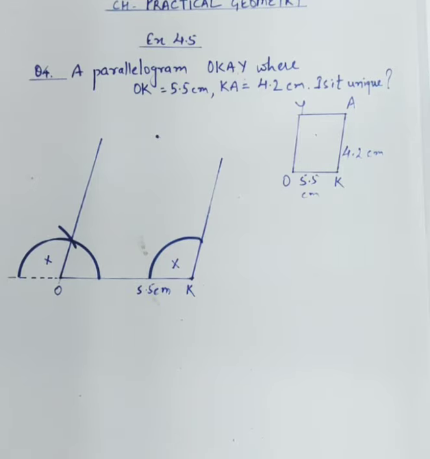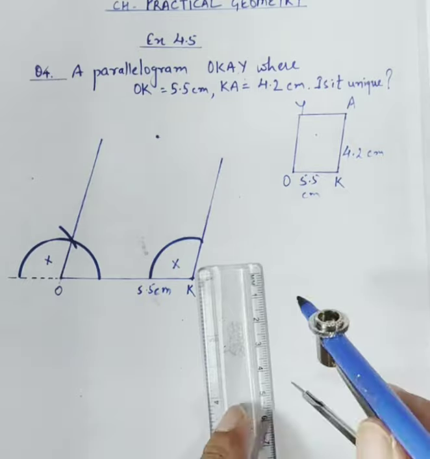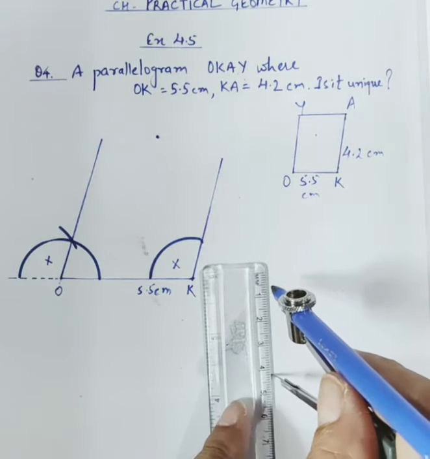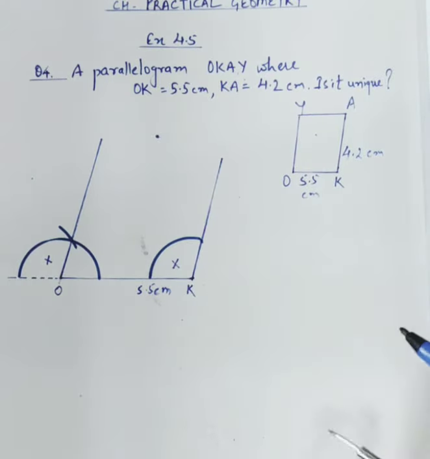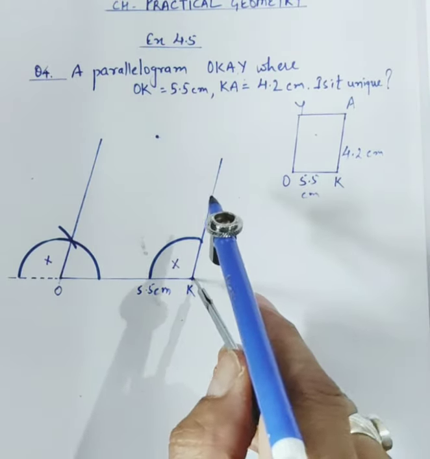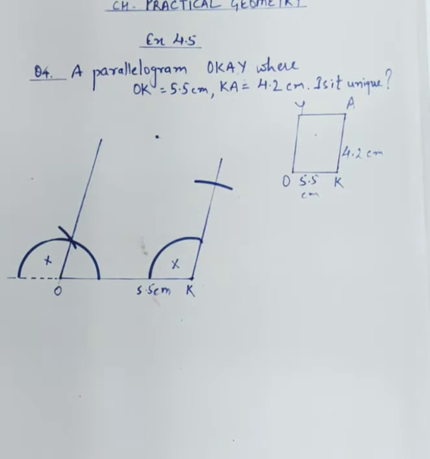Now we will draw KA 4.2 centimeter with the help of compass. So first open your compass 4.2 centimeter. We have taken it. From K we will cut an arc of 4.2 centimeter. Now we know that opposite sides of a parallelogram are equal. So if KA is 4.2 centimeter, then OY will also be 4.2 centimeter.